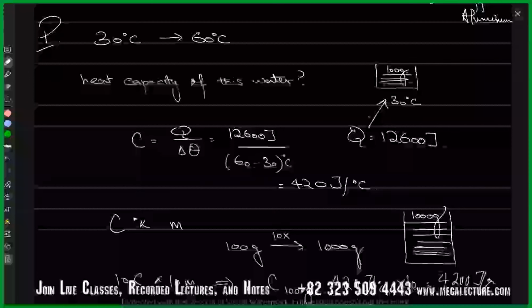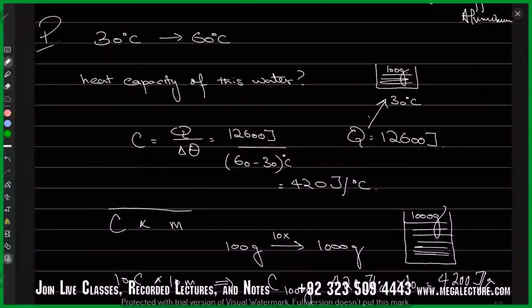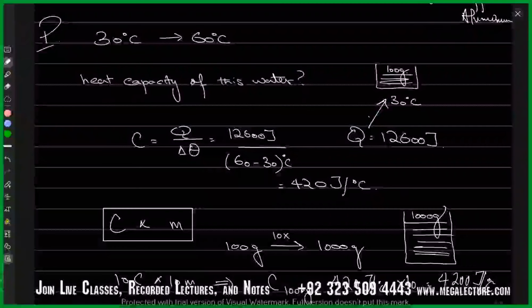We have seen that the heat capacity is directly proportional to the mass of whatever material or substance that I'm using. So I can just use this physical knowledge and say that if the mass has increased 10 times, that would mean that the heat capacity should also increase 10 times, right?